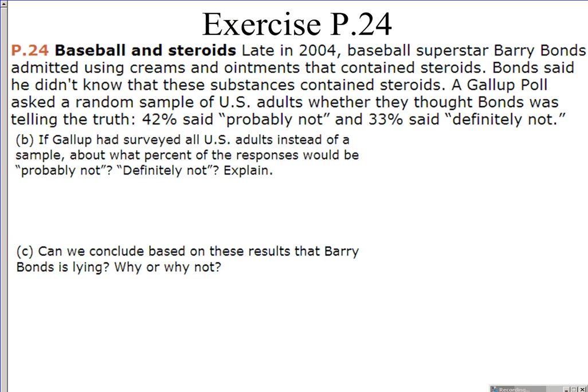Part B, if Gallup had surveyed all U.S. adults instead of the sample, about what percent of the responses would be probably not and definitely not?